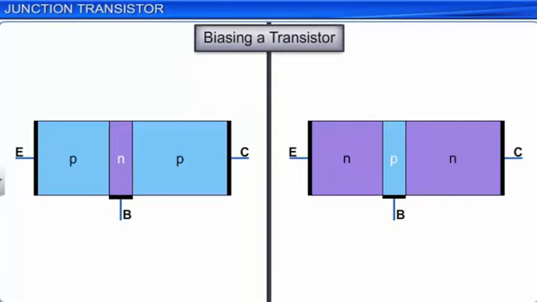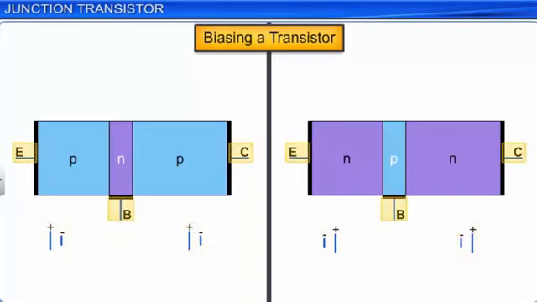To bias the two p-n junctions in the transistor, we require a pair of terminals for each p-n junction. Thus, in total, we require 4 terminals. But the transistor has only 3 terminals. Hence, one of the terminals is made a common terminal to bias the two p-n junctions.